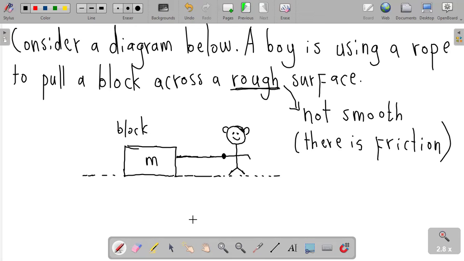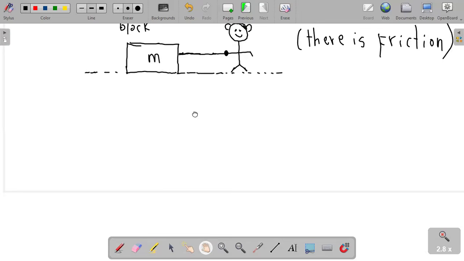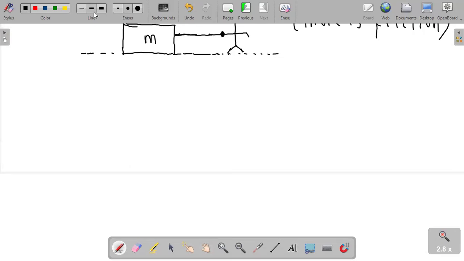And we remember from the previous lesson that friction always opposes the motion. So if this thing is being pulled to the right, the boy is on the right side of the block. Okay. So the forces acting, the normal force in this case has to be represented along with other forces.